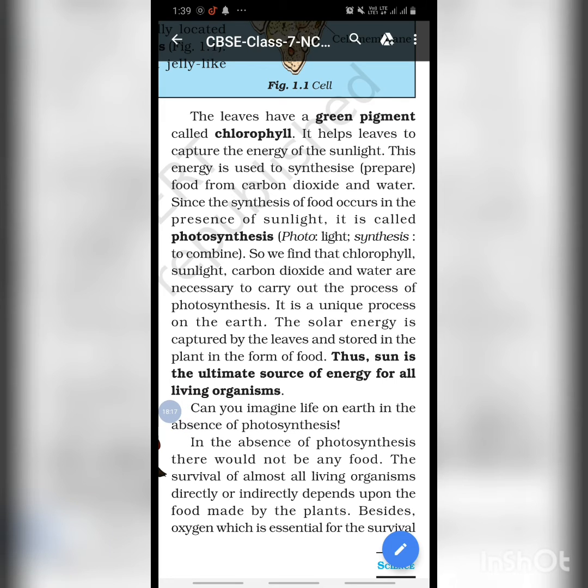Now, what is the meaning of photosynthesis? Photosynthesis is a process to synthesize food for the plant. Photo means light, synthesis means to combine.